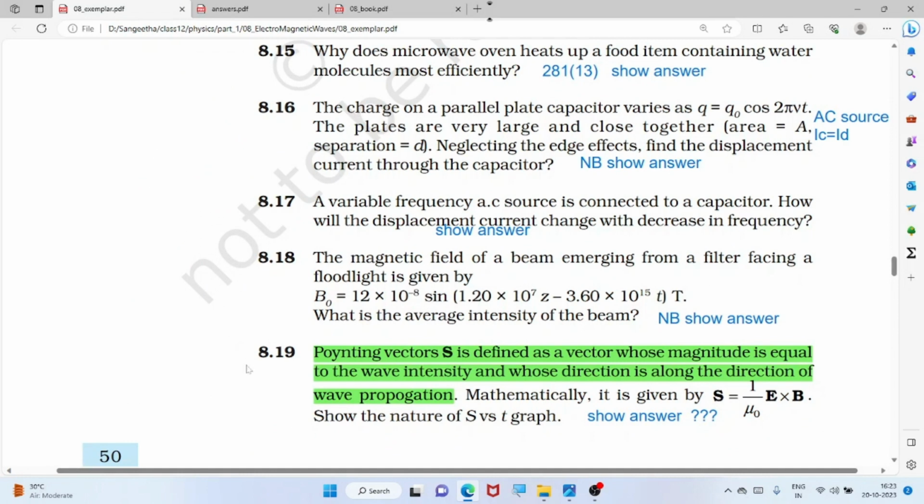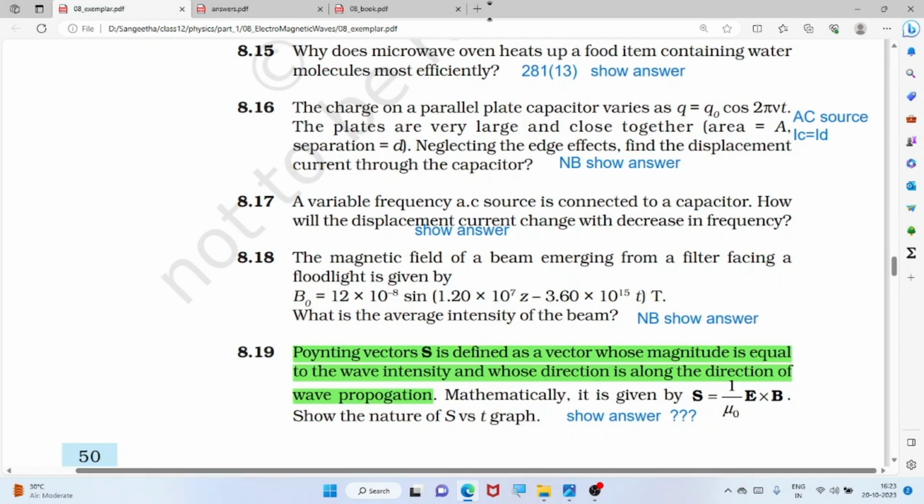The charge on a parallel plate capacitor, the charge Q is given. The plates are very large and close together, with area A and separation d. Find the displacement current through the capacitor. Question 16.